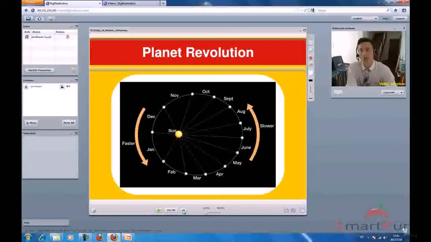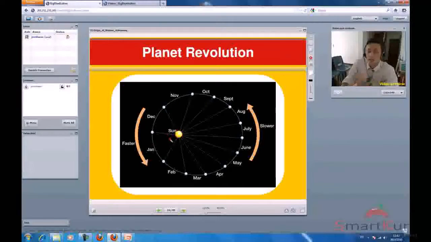You can see a good illustration of this on slide 16. Notice, this picture shows you one revolution of the planet Earth as it moves around the sun.